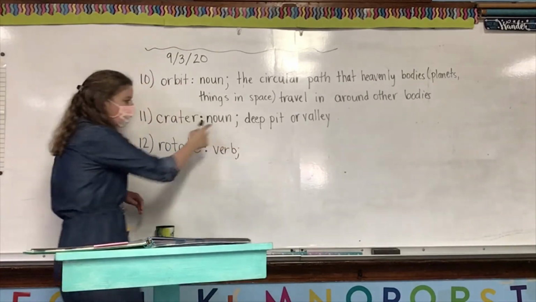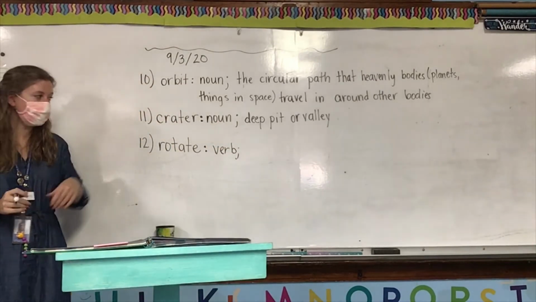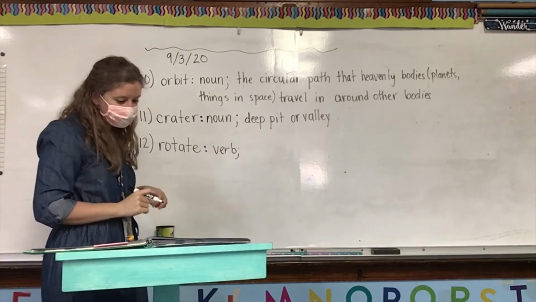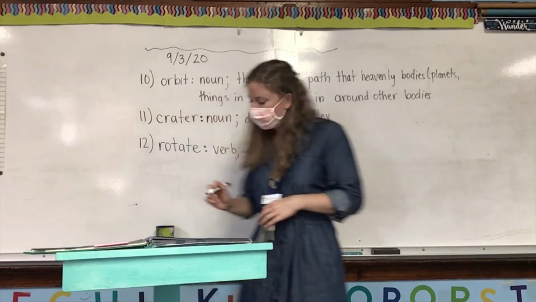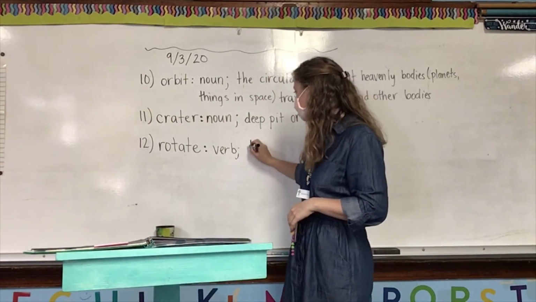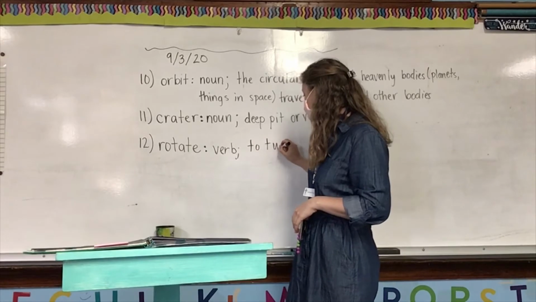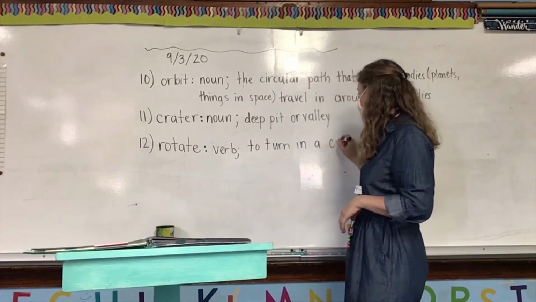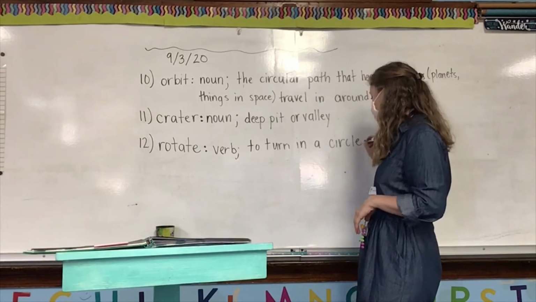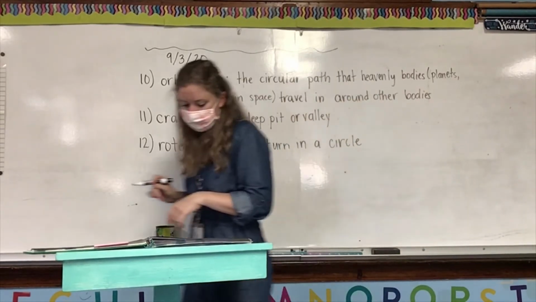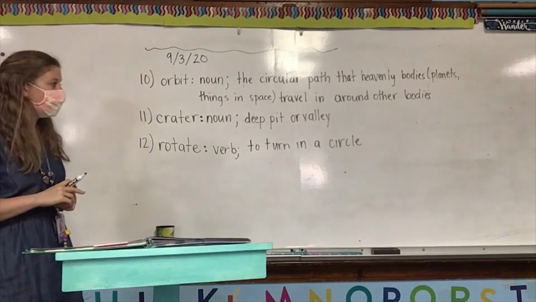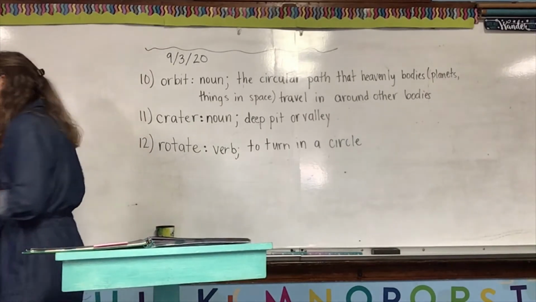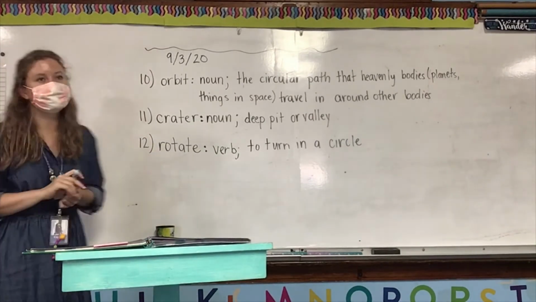Remember, a noun is a person, place, thing, or idea. A verb is an action. And it means to turn in a circle. So to rotate means to turn in a circle. Right now I am rotating.